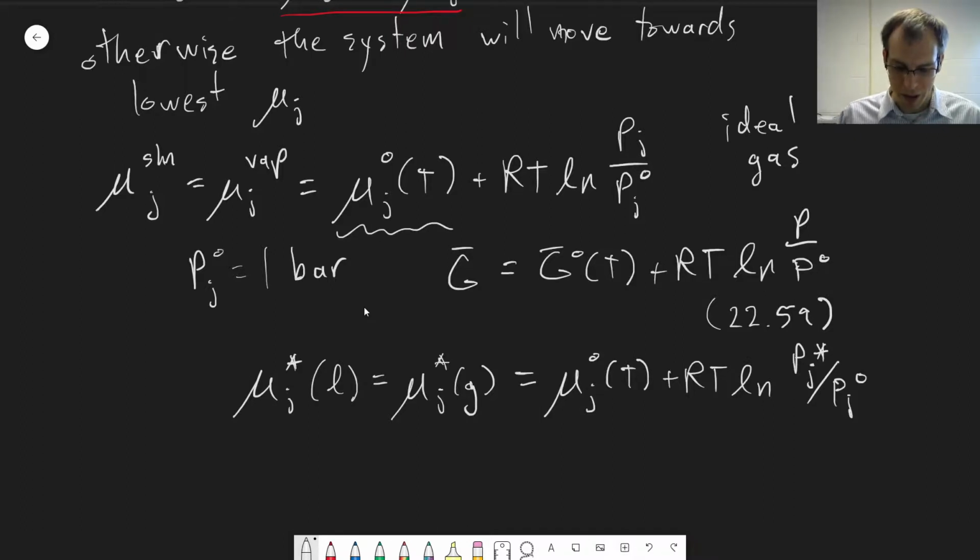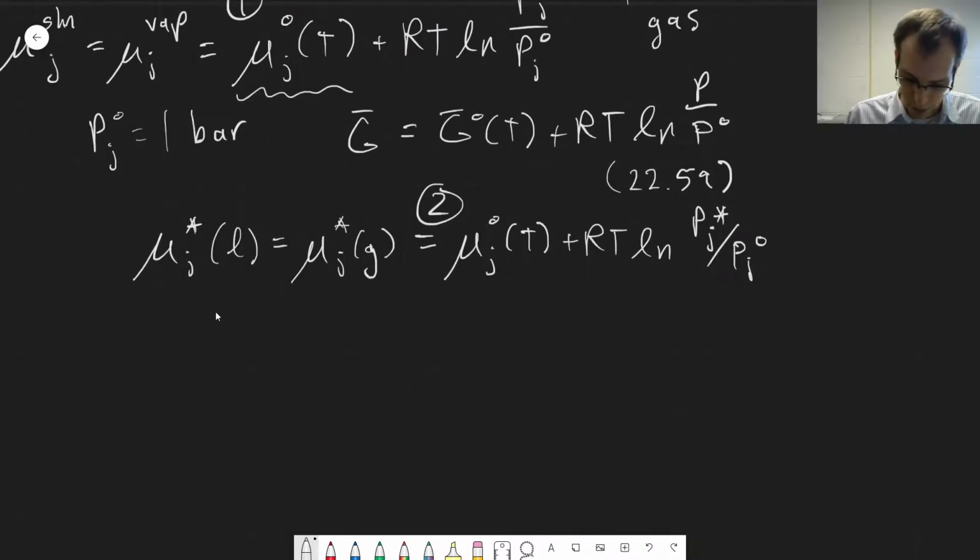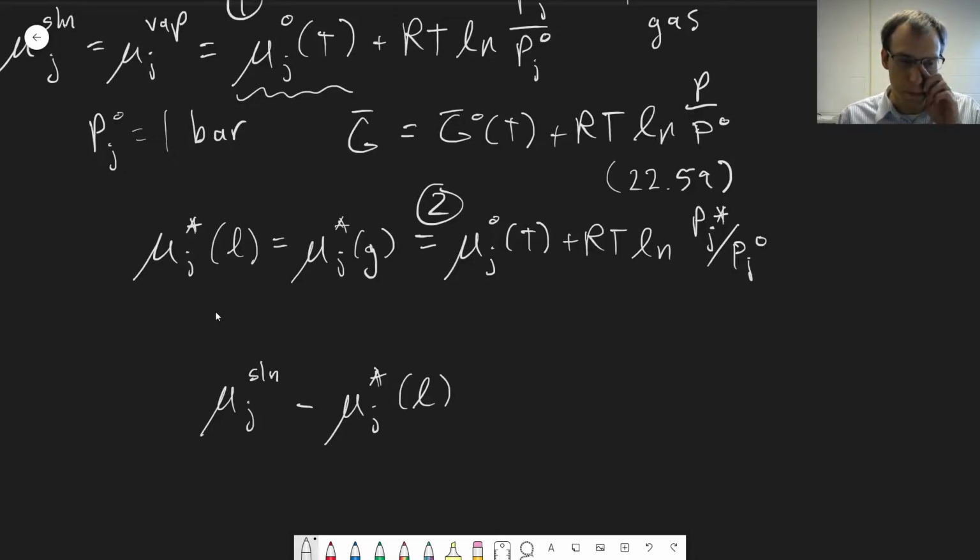Right, and so we can write out for the solution, we can write out for the single component by itself, and now we can take equation 1 up here and subtract equation 2 down here, and that lets us get rid of the standards, right? So we can say that mu J solution minus mu J star for the liquid, or for the gas, but we'll stick with the liquid, is equal to mu J naught minus mu J naught.